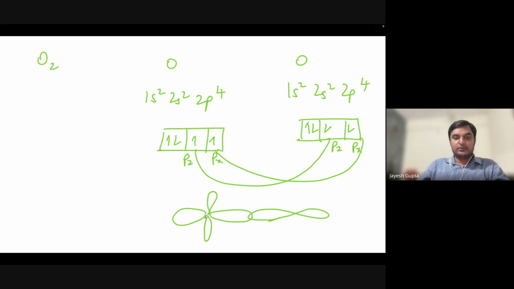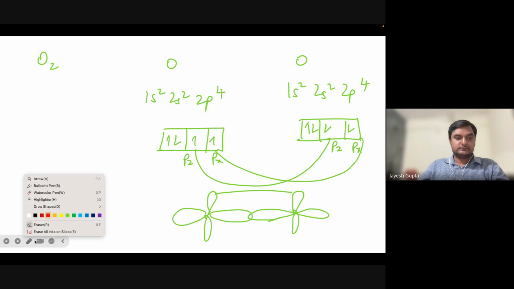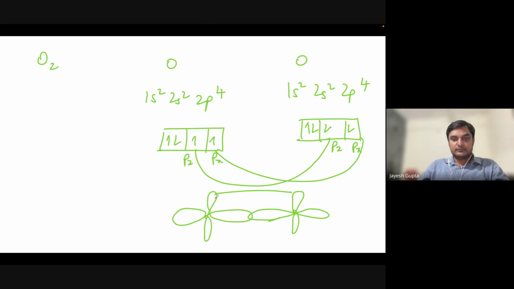And perpendicular to it you have PX, so they will be giving you sideways overlapping. The Z axis, this axis will be Z here, and this will be Y, PY, and this will be PZ.